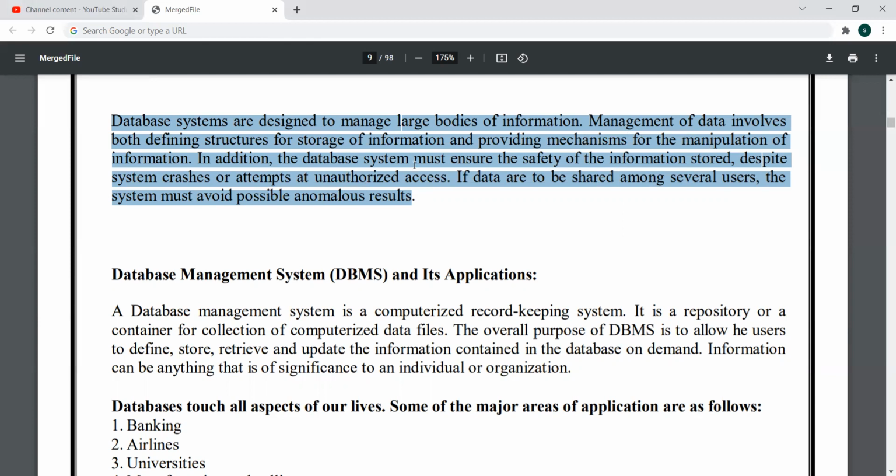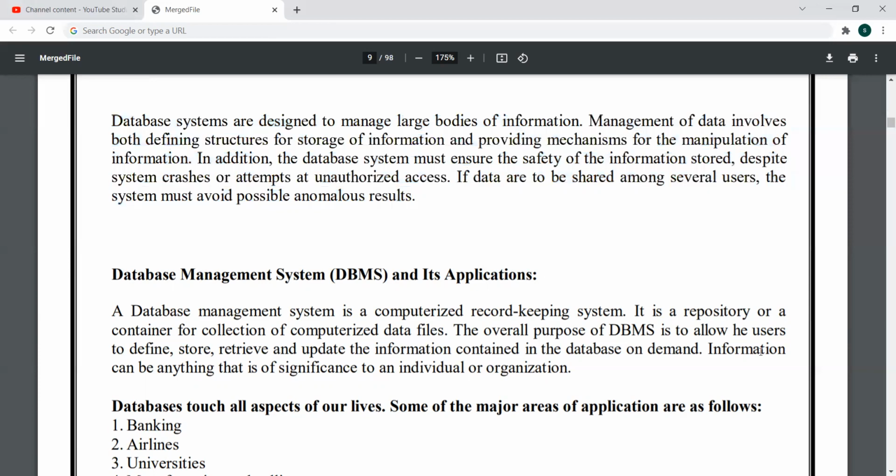In addition, the database must ensure the safety of the information stored, despite system crashes or attempts at unauthorized access. If data are to be shared among several users, the system must avoid possible anomalous results.